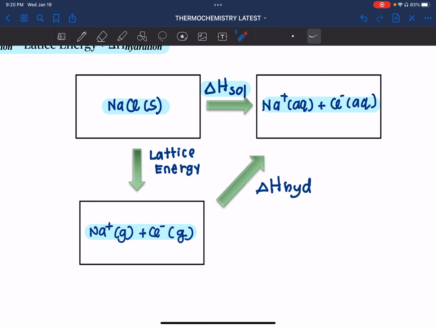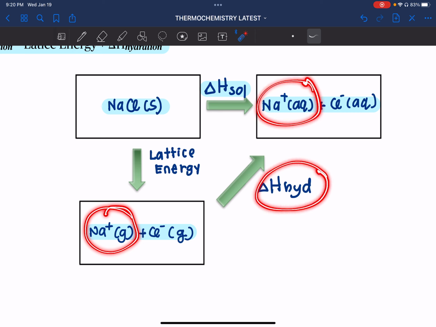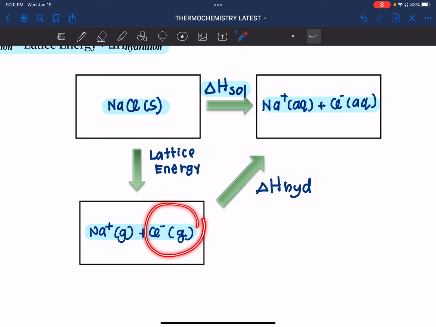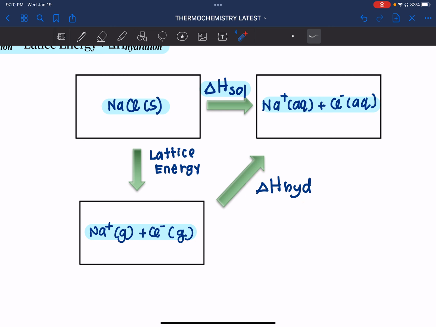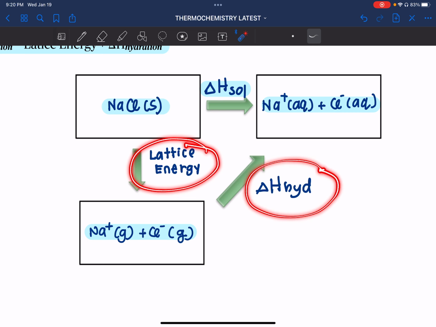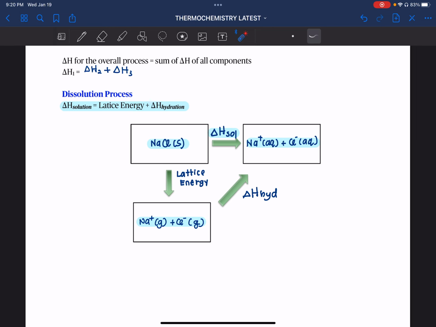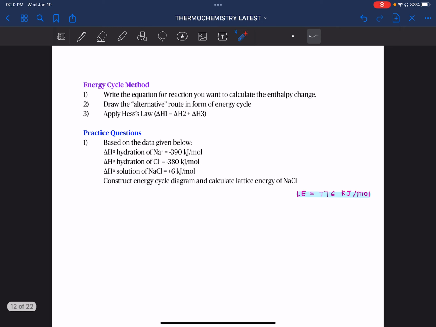Next, cuba tengok. Gaseous ion becomes aqueous ion. So the process is hydration. So I repeat, if gaseous ion becomes aqueous ion, the process is hydration. So if we want to find out the enthalpy of solution, kita boleh tambah lattice energy plus enthalpy of hydration. So that's the concept of Hess's Law lah. Kita proceed.